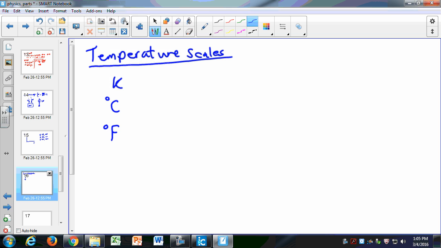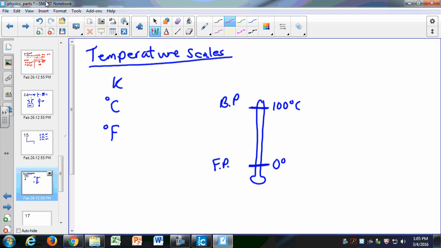So for example, the Celsius scale has a temperature that's set for the freezing point of water, and a temperature that's set for the boiling point of water. On the Celsius scale, the boiling point is 100 degrees Celsius. The freezing point is 0 degrees Celsius. Similarly, the Fahrenheit scale has temperatures set for the boiling point and the freezing point.